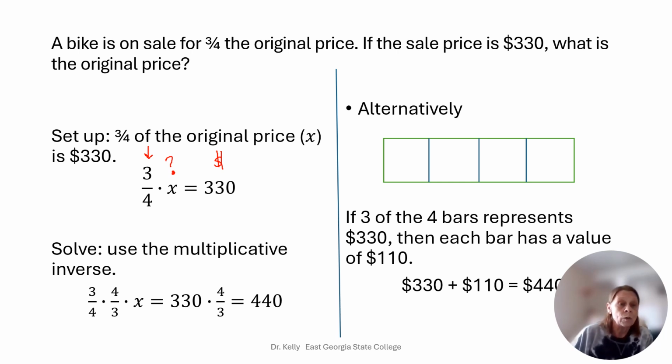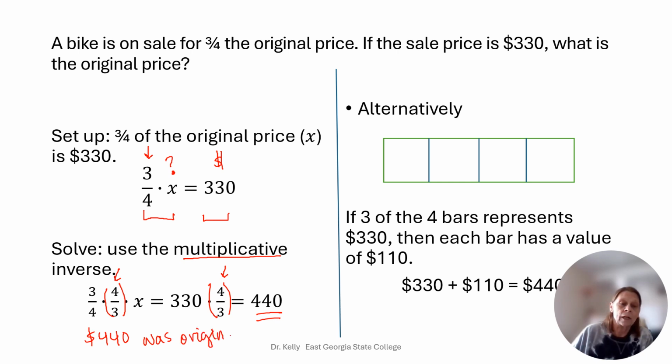And then we use that multiplicative inverse and the fact that if two things are set equal to each other, we can multiply by the same value on both sides without changing the problem. Then that's what we did here. And so we used the multiplicative inverse of 3/4 and multiplied both sides by 4/3 and got the answer of $440 was the original price.